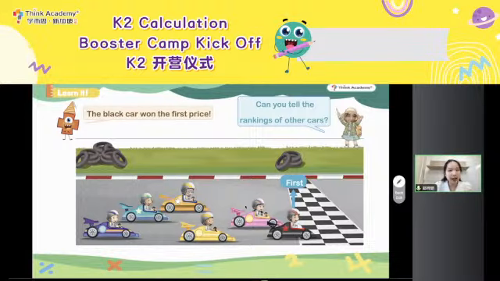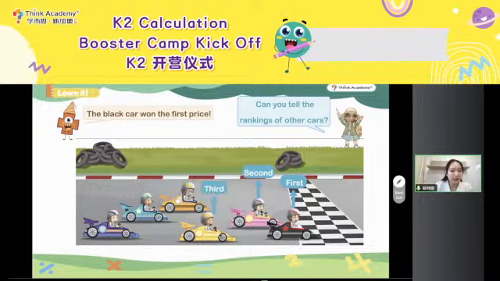It comes first, then second. This is the third car. This one's rank is fourth. What about the fifth and the sixth? It is the sixth one.